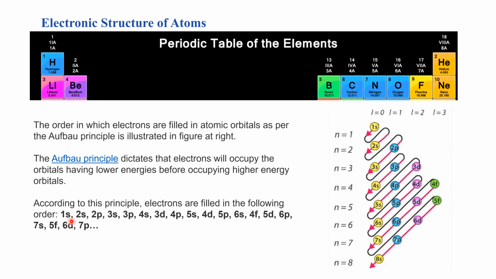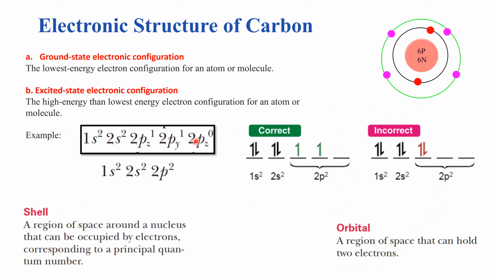S is an orbital, P is an orbital, D and F are different orbitals. Around the nucleus, on the next slide, there is the probability of finding the electron, and that is termed a shell and an orbital. You need to see the difference between a shell and an orbital.